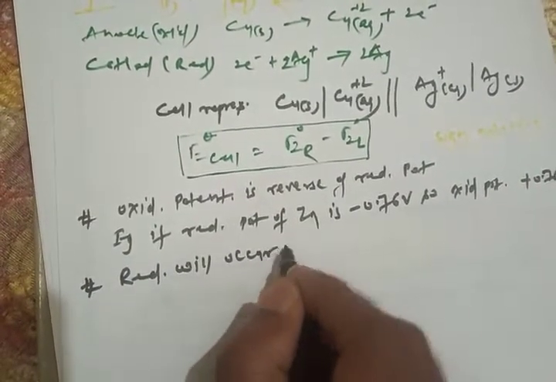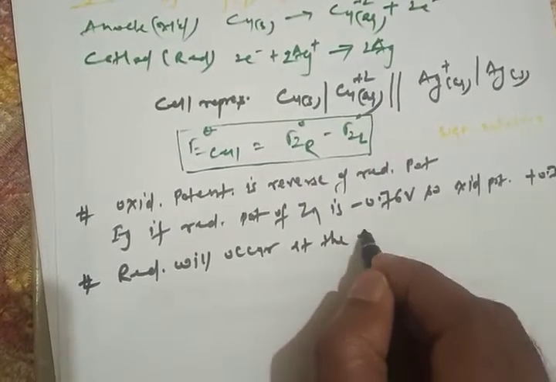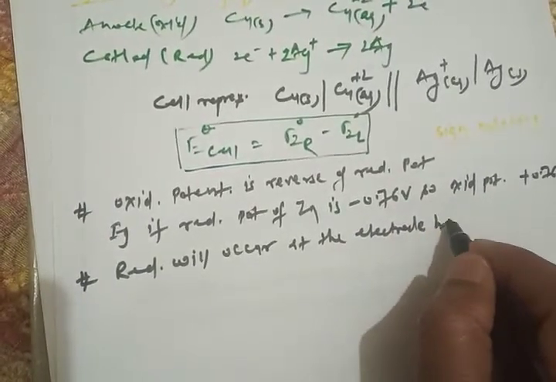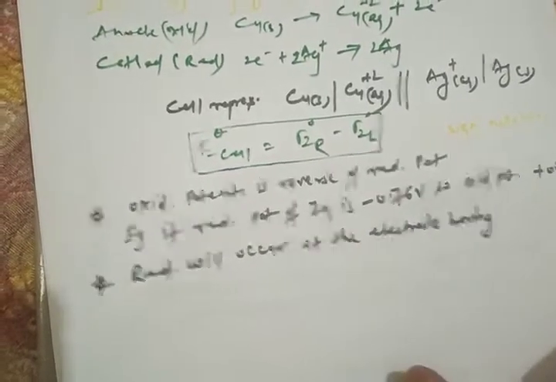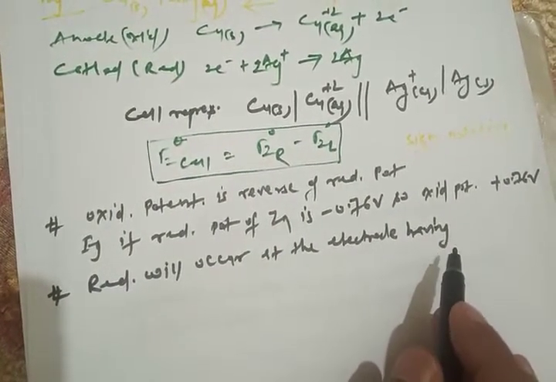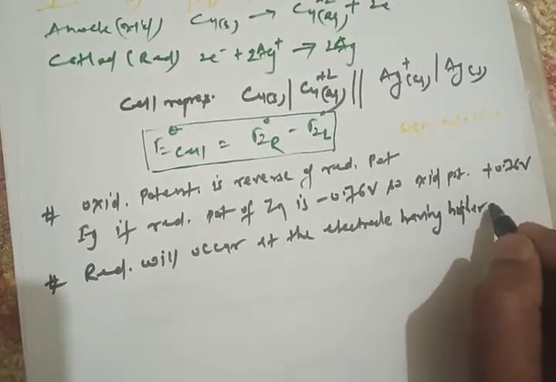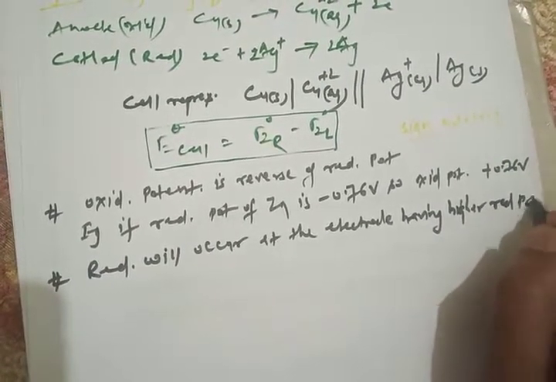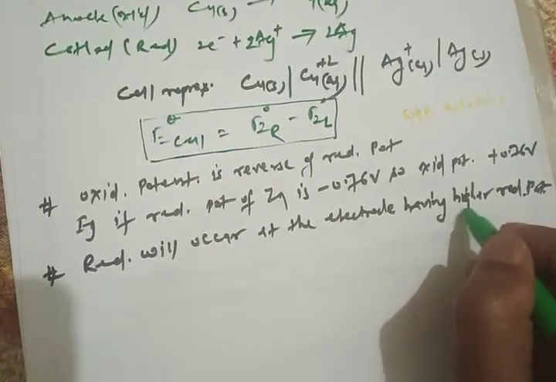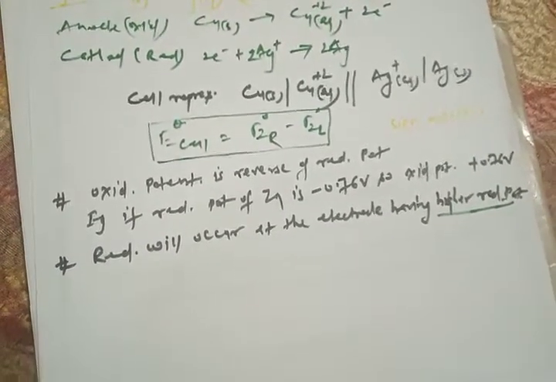This is very important: reduction will occur at the electrode having higher reduction potential. This you need to underline. Higher reduction potential value is where the reduction occurs.